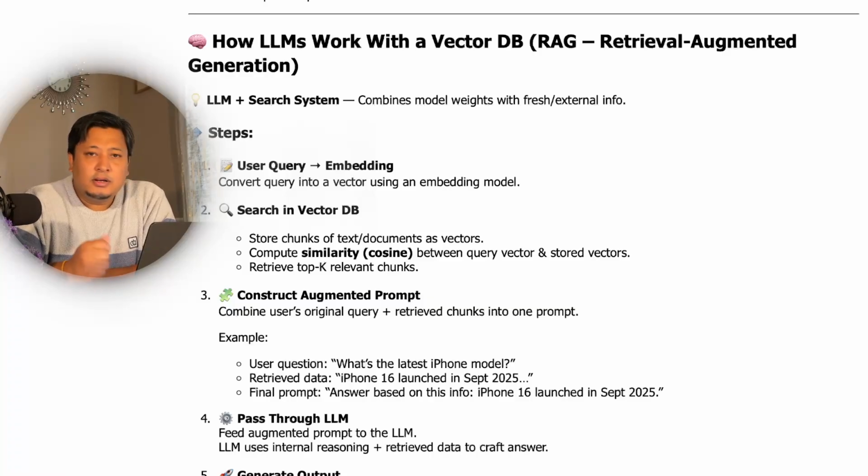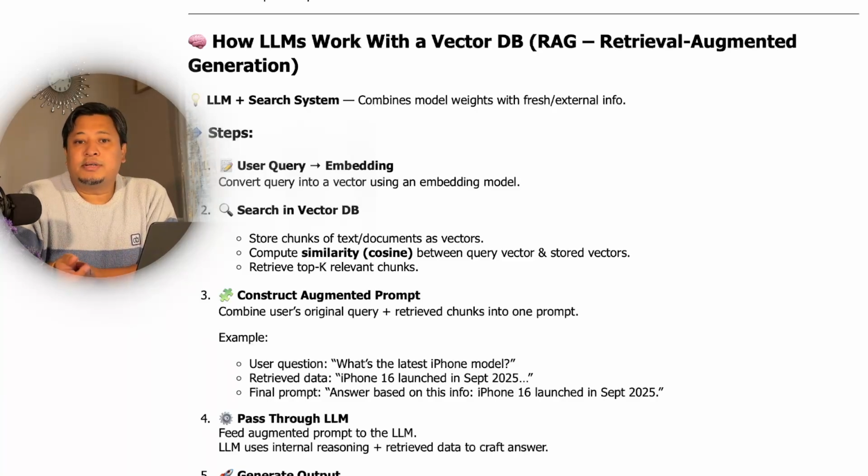For example, let's say you're asking the question, what's the latest iPhone model? It will retrieve the key value data, and the response would be iPhone 16 launched in September 2025. And then the final answer that it returns to the user is iPhone 16 launched in September 2025.